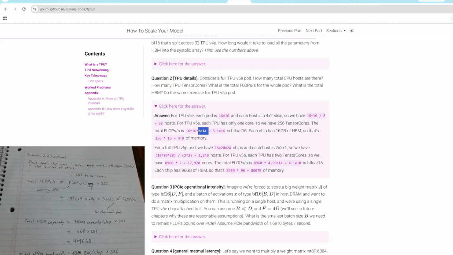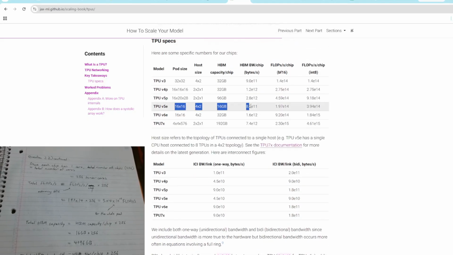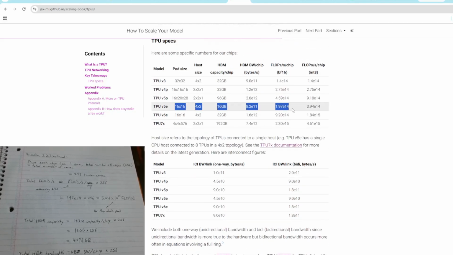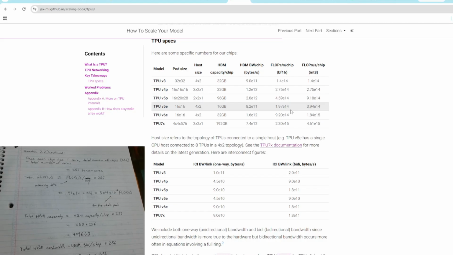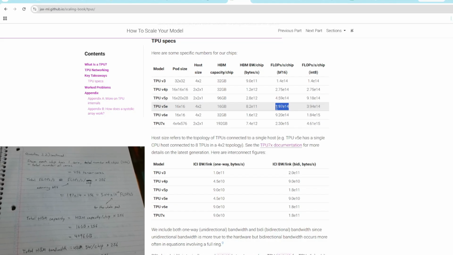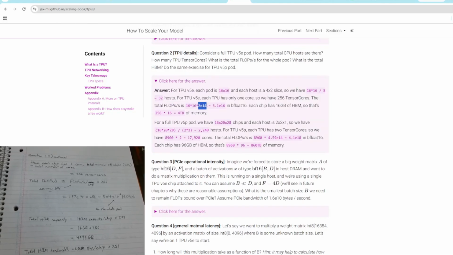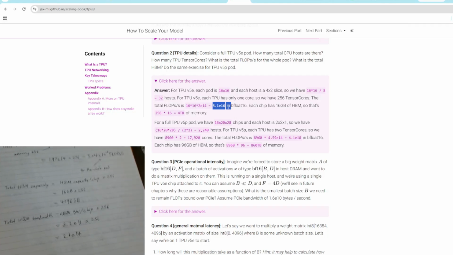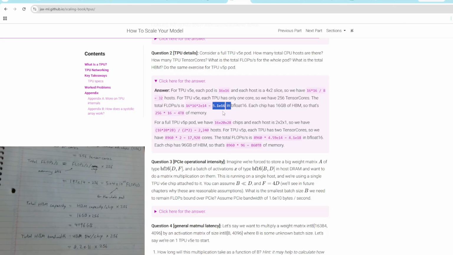Did I get flops per second wrong? 2E14, V5E. What? 1.97 E14. Oh, they rounded. It was 5.1 E16. So, basically the same answer.